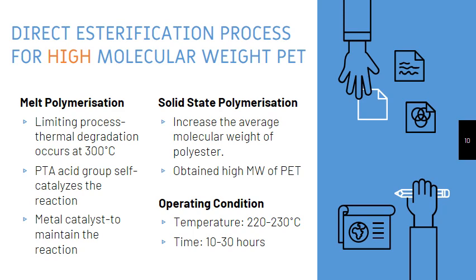When the concentration decreases, you can use a metal catalyst to maintain the reaction, and then it undergoes solid state polymerization, which increases the average molecular weight of the polyester, to obtain high molecular weight PET. The operating condition for this process is around 220 to 230 degrees C for 10 up to 30 hours.